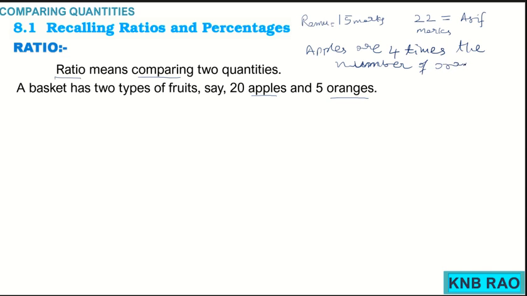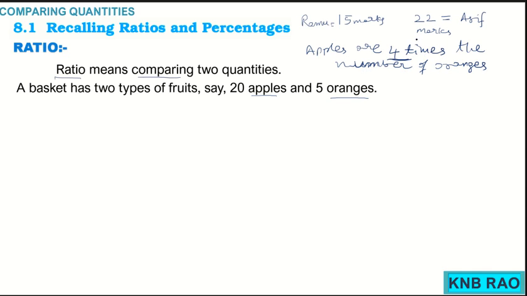Here, if you observe, I am comparing by using quotient. Children, always remember, when I divide 20 by 5, we get 4, which is called quotient. So, I am comparing by using the quotient.